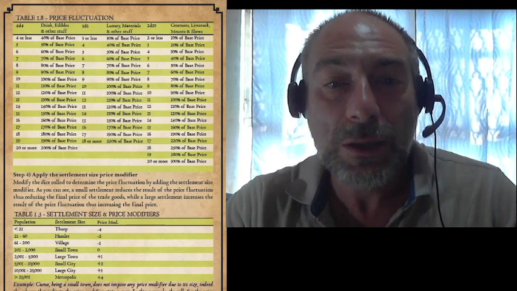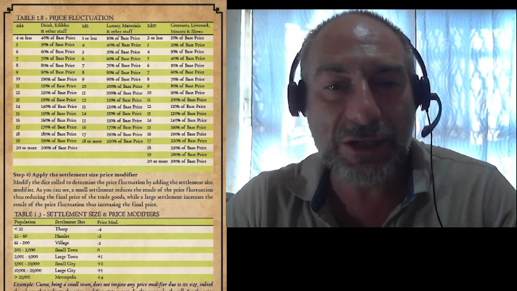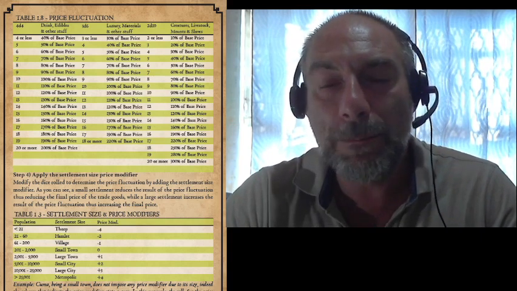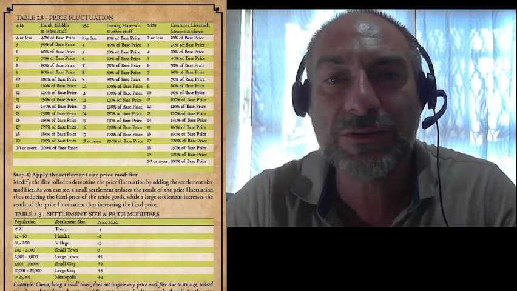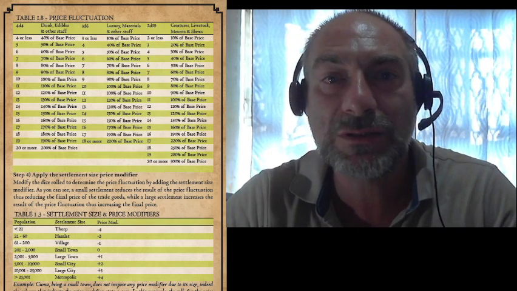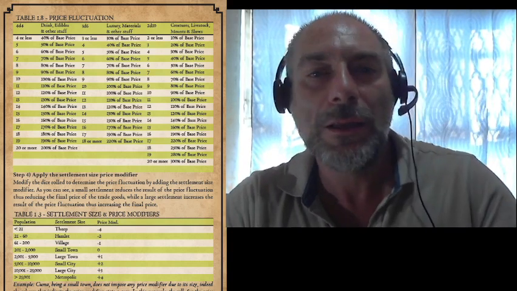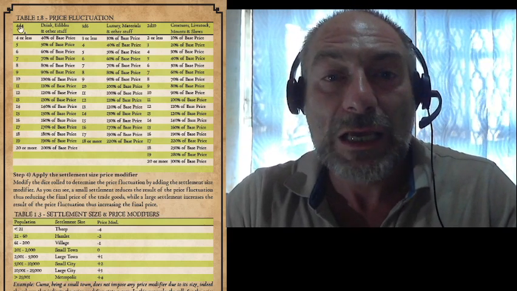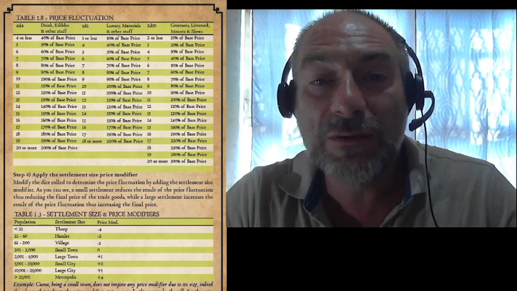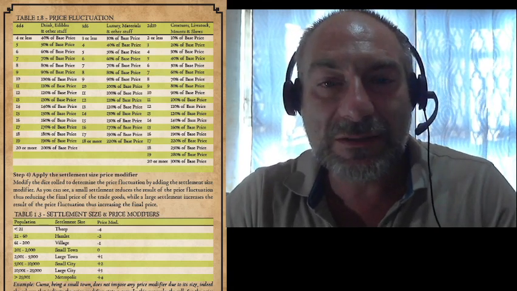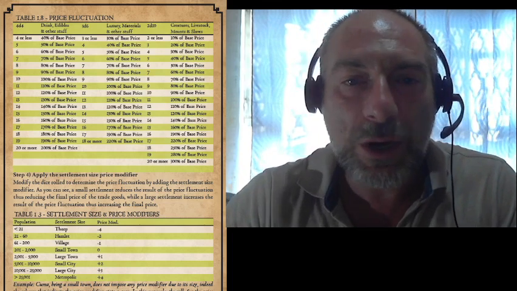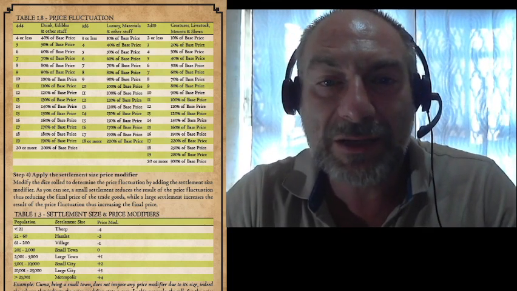This is based on a statistical distribution, a Gaussian distribution. Maybe you know that as a bell distribution. So, for example, you roll 4d4. If you roll 11, you apply 110% of the base price.